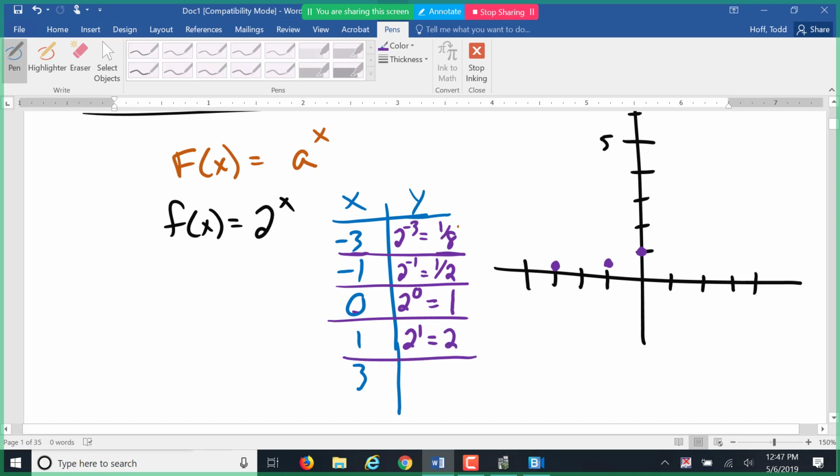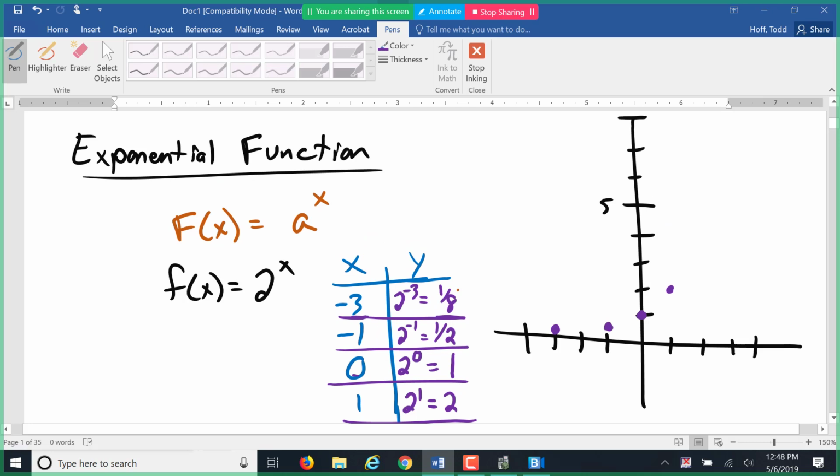Good. Giving us 1, 2 right there. Definitely seeing a curve. If x is 3, 2 to the power of 3 is 8. So 3, 8 definitely goes a little steeper. So we have an exponential curve that looks something like that.